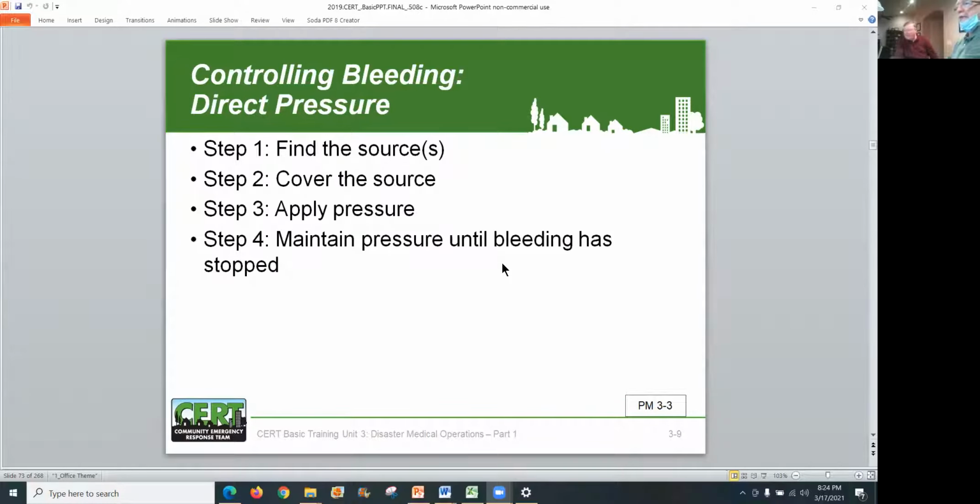Anyway, 4x4s is what we call them. That's roller bandage. Roller bandage is really good.